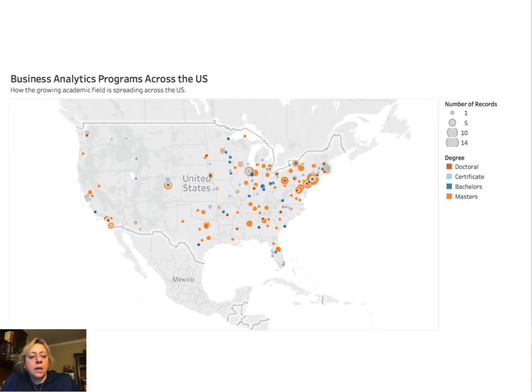And here are some of the business analytics programs across the US and the growth of those over the last decade. You can see that business analytics started when we started at Western Kentucky University with a bachelor's degree in 2014. We're the only university to provide an undergraduate degree in business data analytics. Everyone jumped into the domain of business analytics by providing a master's degree.